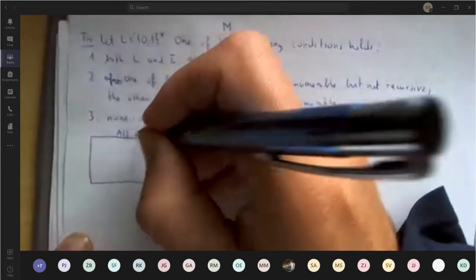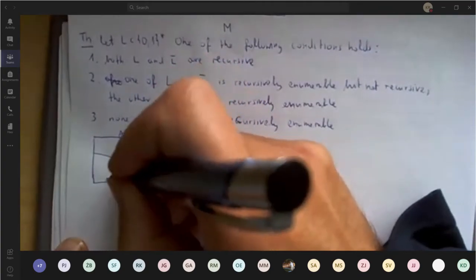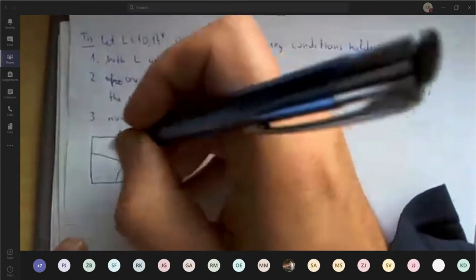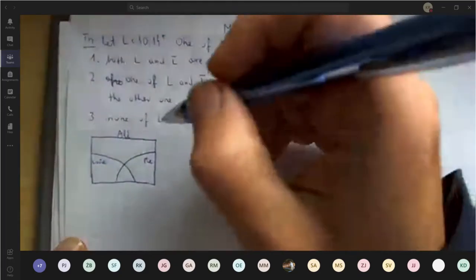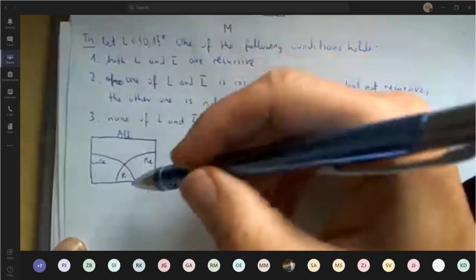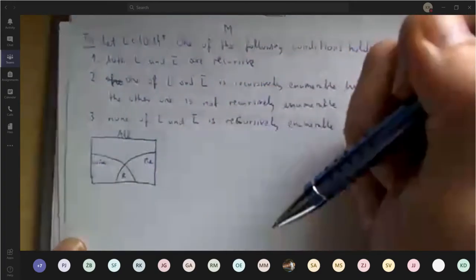This is the set of all languages. This is the set of recursively enumerable languages, and this is the set of their complements. And here is the set of recursive languages. And what we want to do now is put some languages on this map.